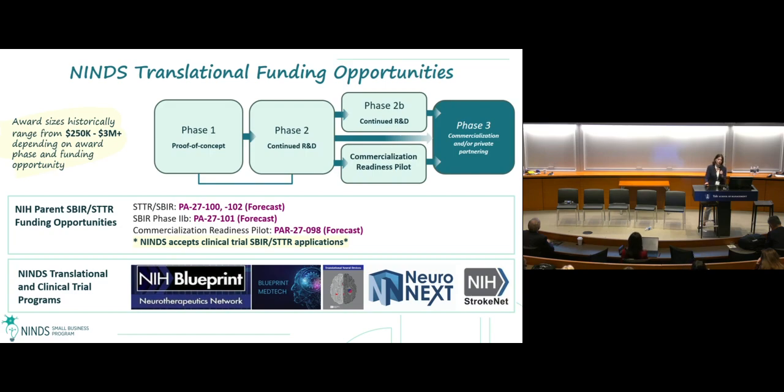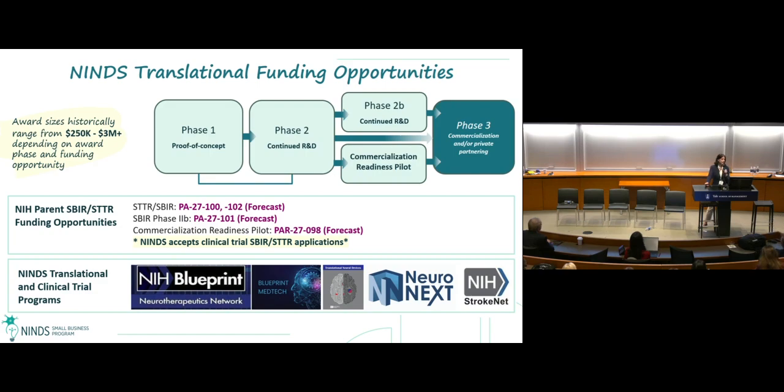So overall award sizes can range from around $250K in proof of concept to up to roughly $3 million. We support SBIR and STTR applications that come in through the parent funding opportunities, which are listed there. Those are forecasts for the funding opportunities that we anticipate will be published soon for a September 5th receipt date, and we do accept clinical trials.